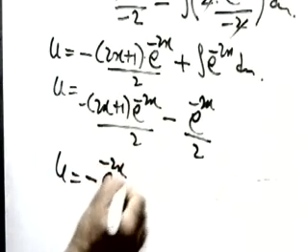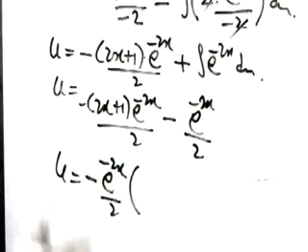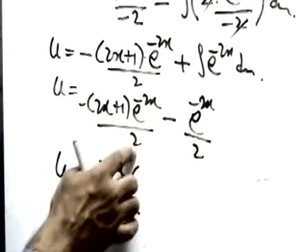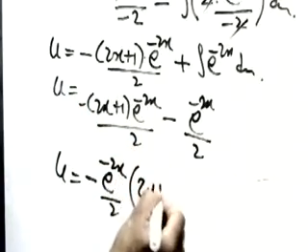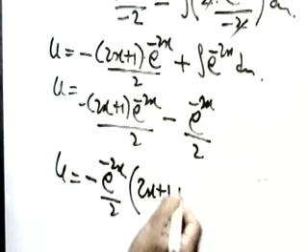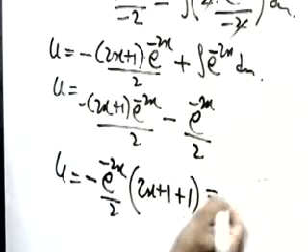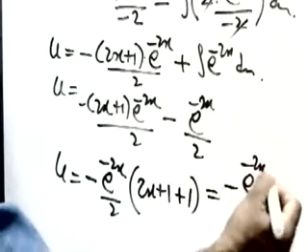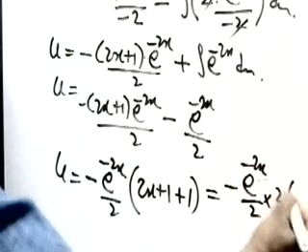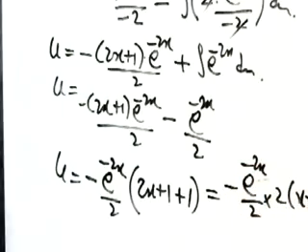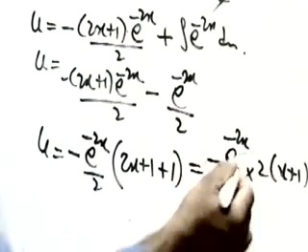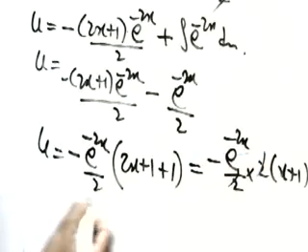You see here, u equals minus e power minus 2x by 2, we can take common. Minus e power minus 2x by 2 is taken common, so 2x plus 1 is left, minus we have taken common, plus 1. 1 plus 1, 2. If you take 2 common here, it will become x plus 1. Minus e power minus 2x by 2 into, if you take 2 common, x plus 1. So this 2 will get cancelled.